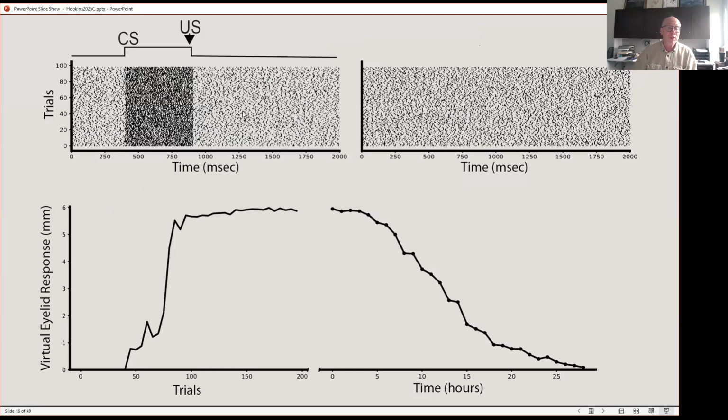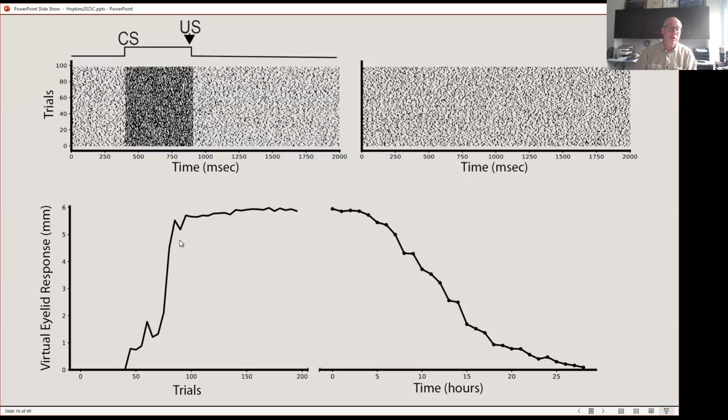And this is a raster plot of one of these CS activated mossy fibers. We would train the simulation in this way by activating them and then having an excitatory conductance onto the climbing fibers in the simulation.